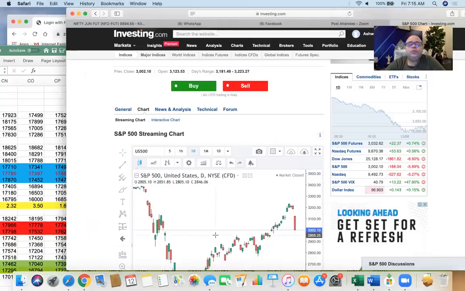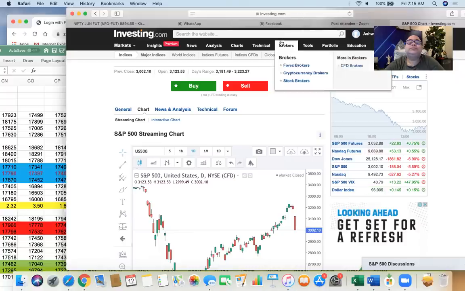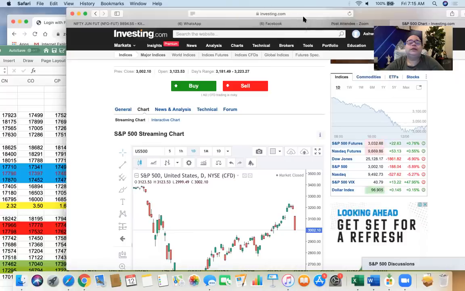Now, basically, we are looking at 2955, which is the first support, which is hardly 50 points away from here. So my sense is that while we could pause here, I mean, look at the size of this bar. This is massive.